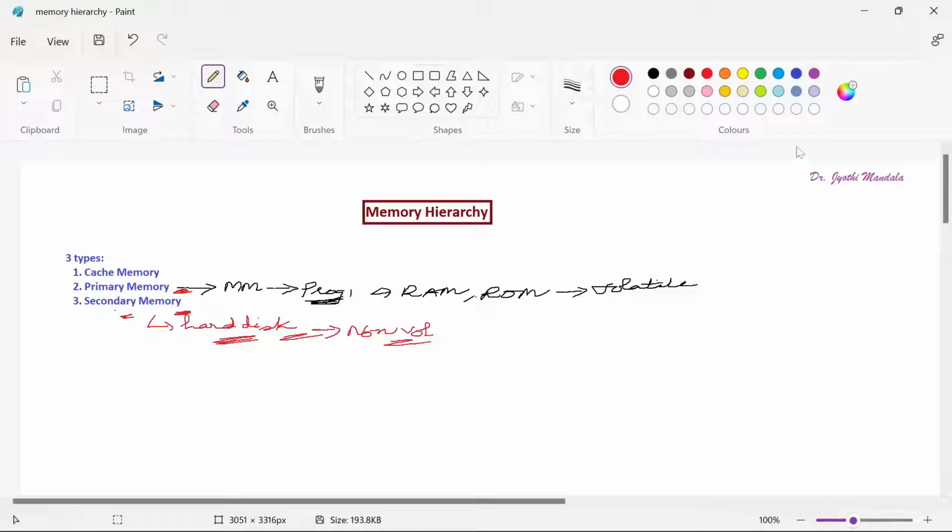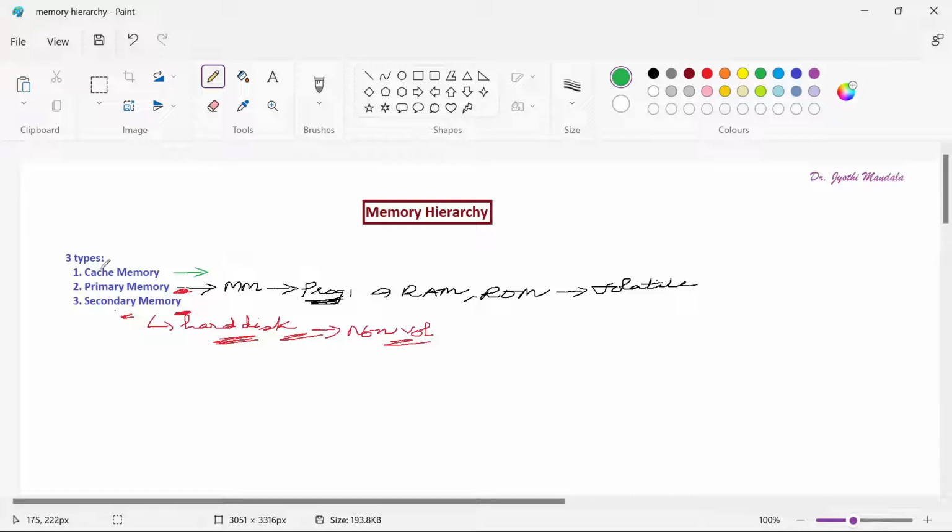Right. Now coming to the third type of memory. The primary memory may be holding some data, but to reduce the amount of time the CPU requires for a particular data, instead of checking in the primary memory again and again, that data can be stored in the cache memory.